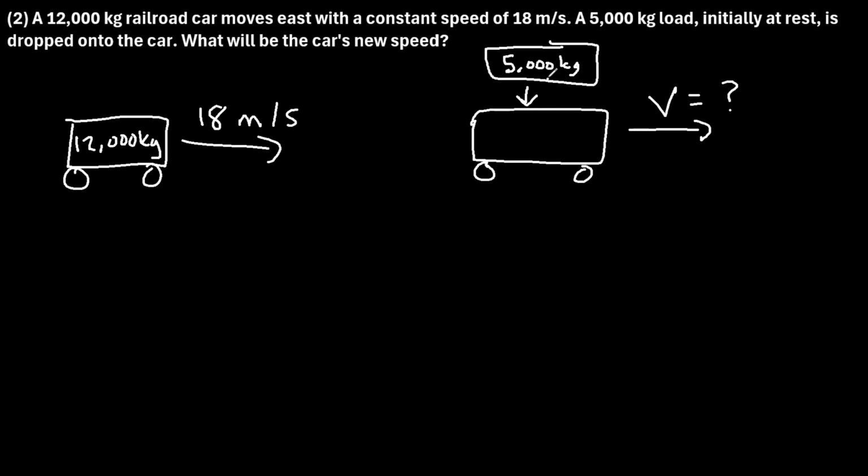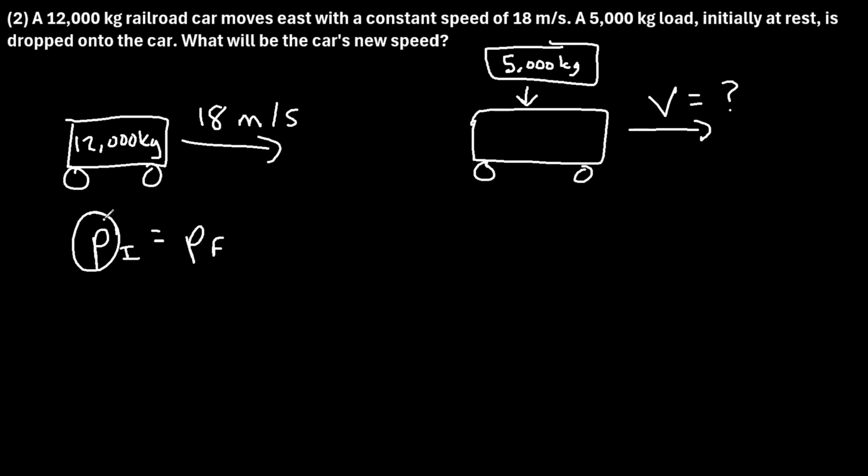In this case, because the load is being dropped directly onto the car, there's no force affecting this car in the horizontal direction. So in this scenario, again, momentum is going to be conserved. Once again, we can write that the initial momentum in this system must be equal to the final momentum.